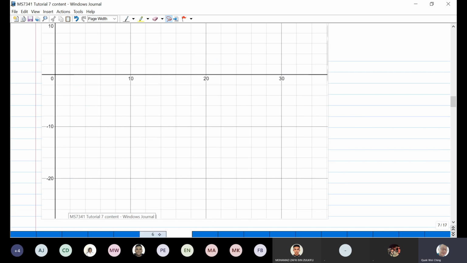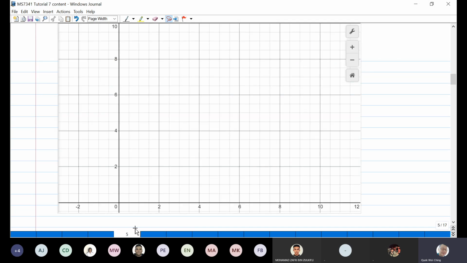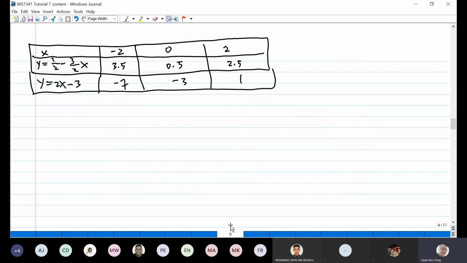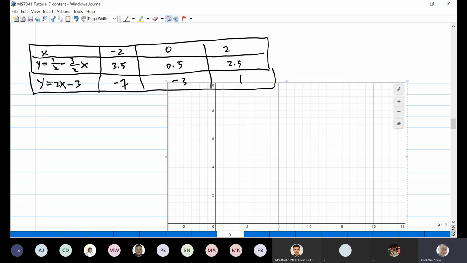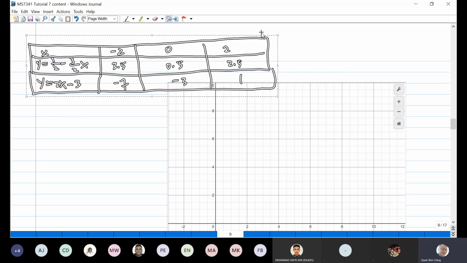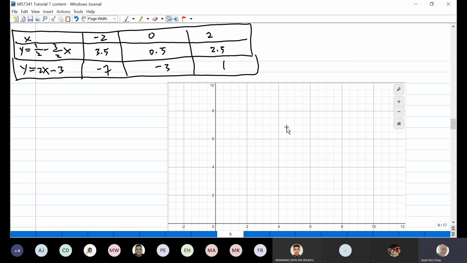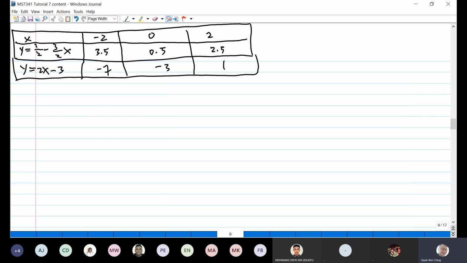This graph paper is not so good. This one is better. Also no good, because it's too small. So I'll just hand draw a graph paper.